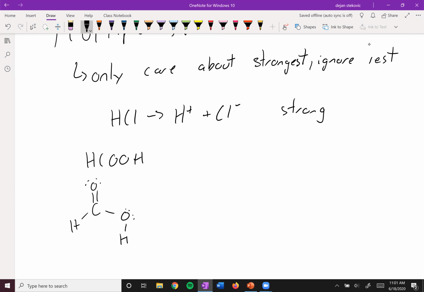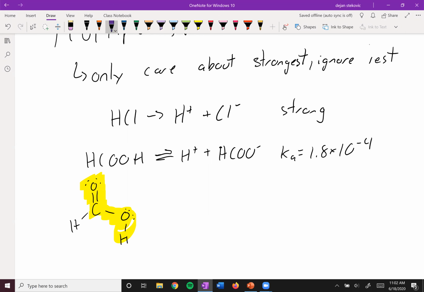Again, we're noticing this motif where we have an OH that's bonded to another thing with a double bonded O. This is a weak acid, so it will donate an H+ to form HCOO minus. The Ka here is equal to 1.8 times 10 to the negative 4.